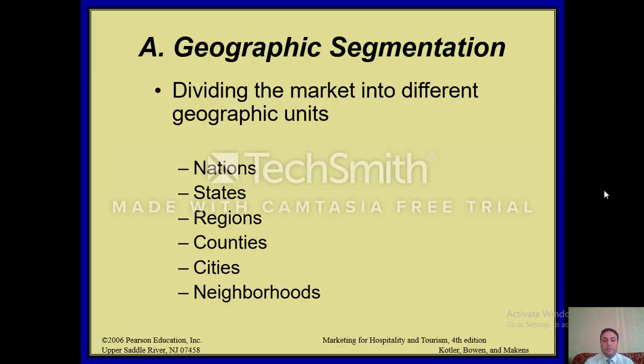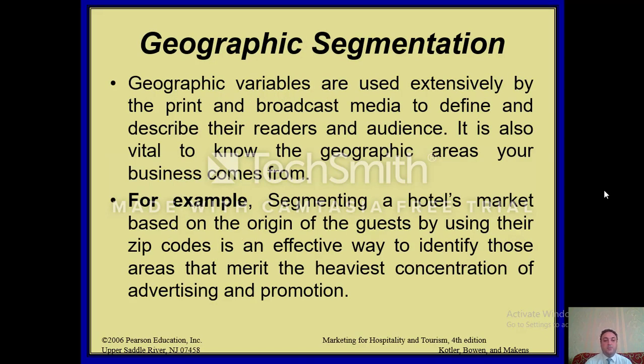So when we make the segmentation according to the geographic variable, we divide the market into different geographic units by nations, states, regions, countries, cities, neighborhoods, and so on. The companies can divide the market according to the location. What does this mean?